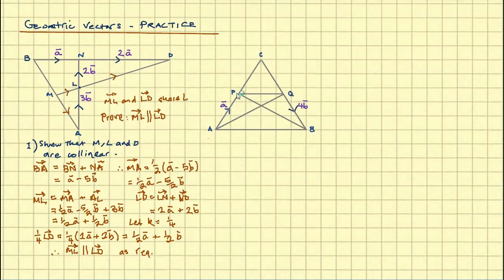Okay, so that we've got a vector a going from A to P, and from Q to B, just to spice it up a little bit, I've given this a value 4b, so it's 4 times a smaller vector b. Okay, so what we've got to show, first of all, is that P and Q are midpoints. If P and Q are midpoints, then we need to show that PQ is parallel to AB. So if you're confident, pause the video and give that a go.